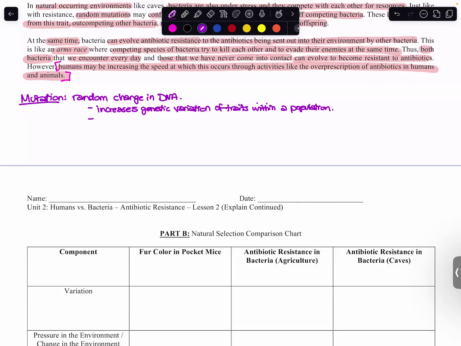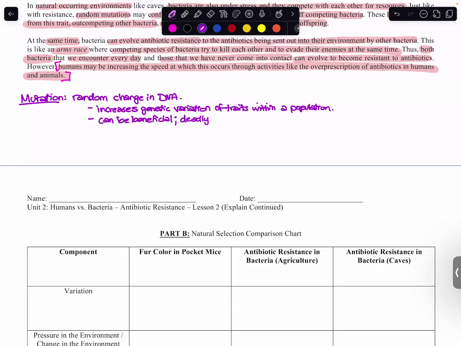It's also important because mutations can be beneficial, right? Just like how we see here, a beneficial mutation is the ability of these bacteria to now produce antibiotics. That is beneficial to them. They could be deadly, right?